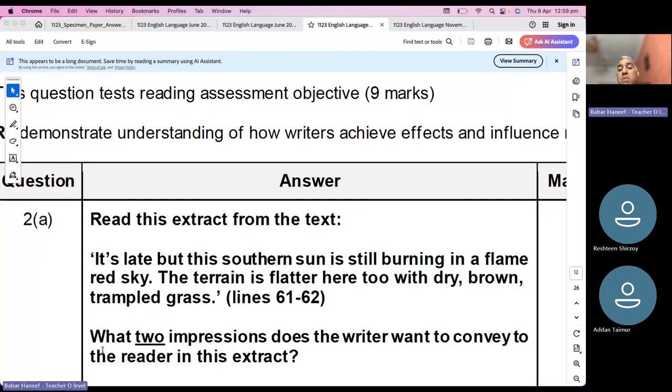Like it is late, but this southern sun is still burning in a flame red sky. So the weather is really hot. Yes, very good. And then the second is the terrain is flatter here too, with dry, brown, trampled grass.